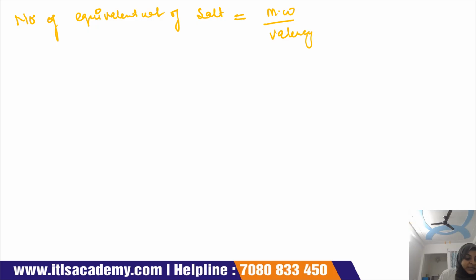Now see the first example, Na2CO3. That is called sodium carbonate.